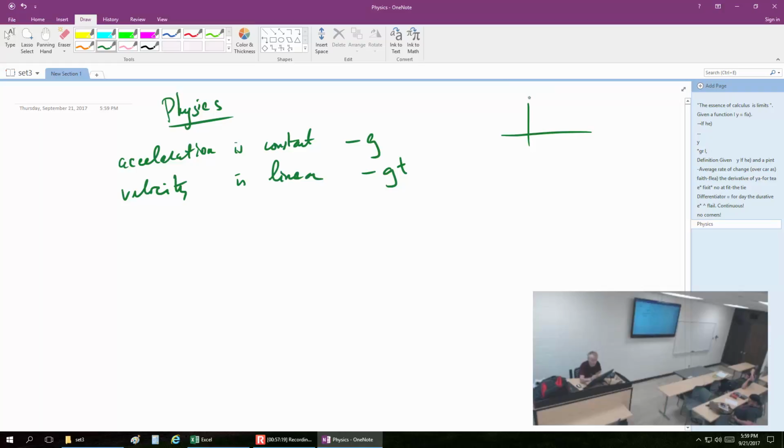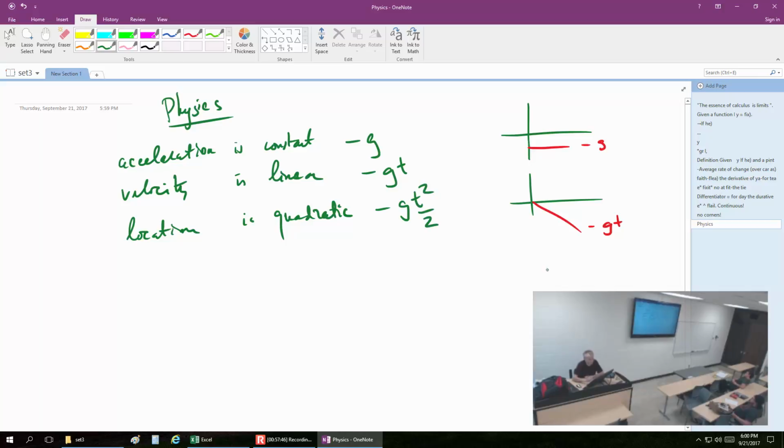So you start with the derivative, which looks like negative g, like this. Then you plot the velocity, which will look like this, negative gt. And thirdly we have the location, which is quadratic, which will be negative gt squared over 2, roughly.